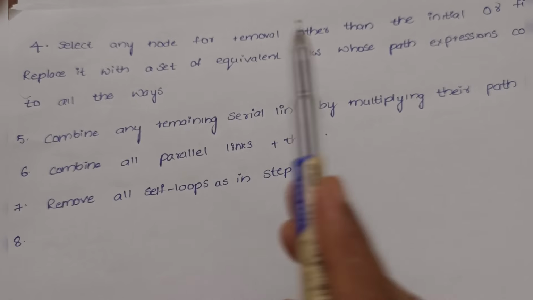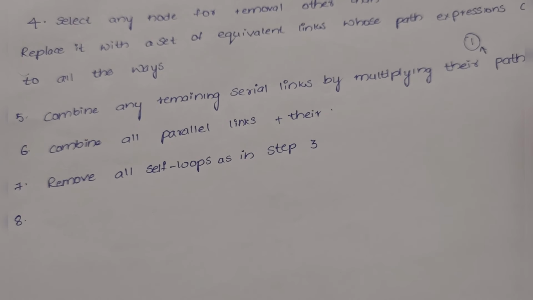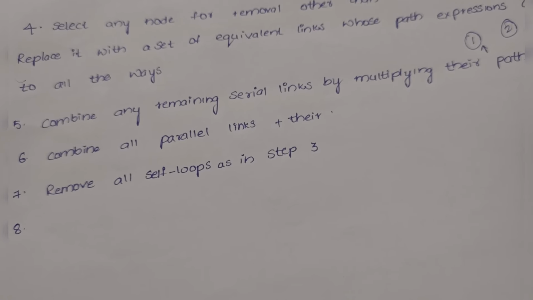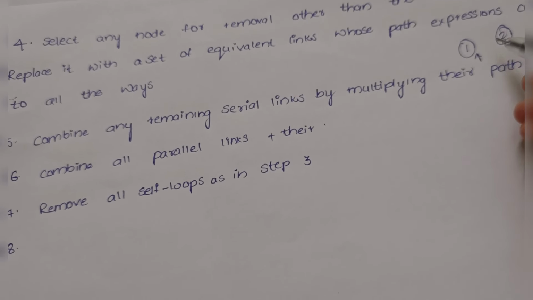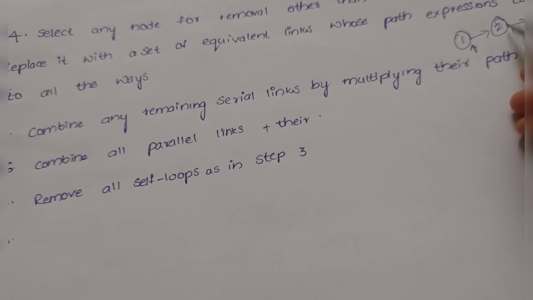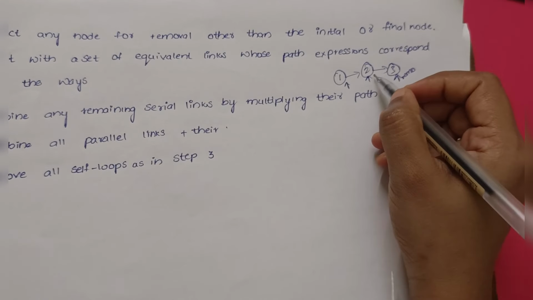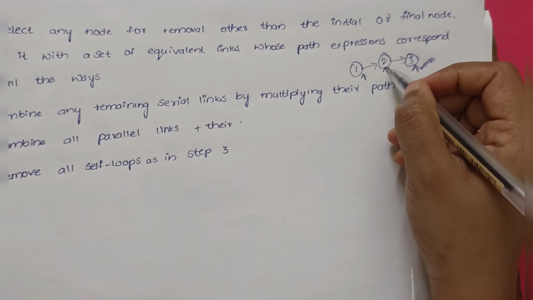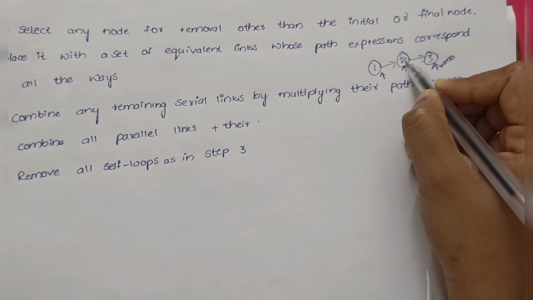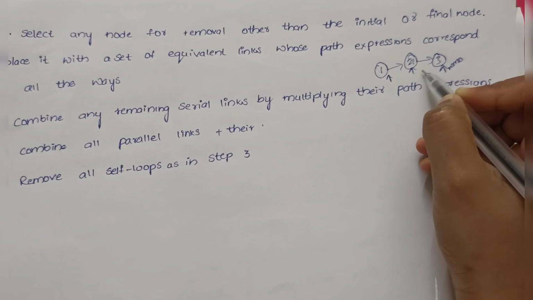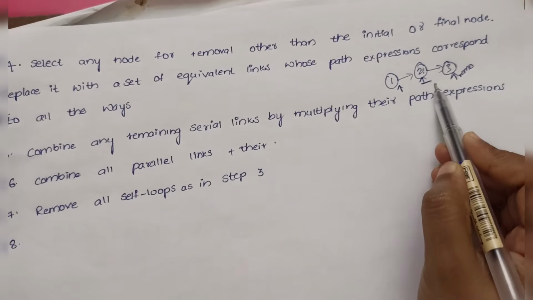The initial and final nodes should not be removed. All equivalent loops can be removed. This node can be removed and it should be replaced with equivalent links. This is the fourth step.